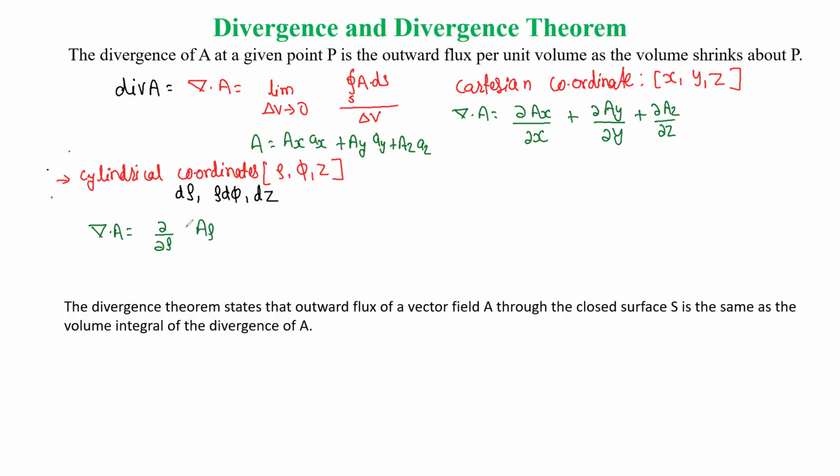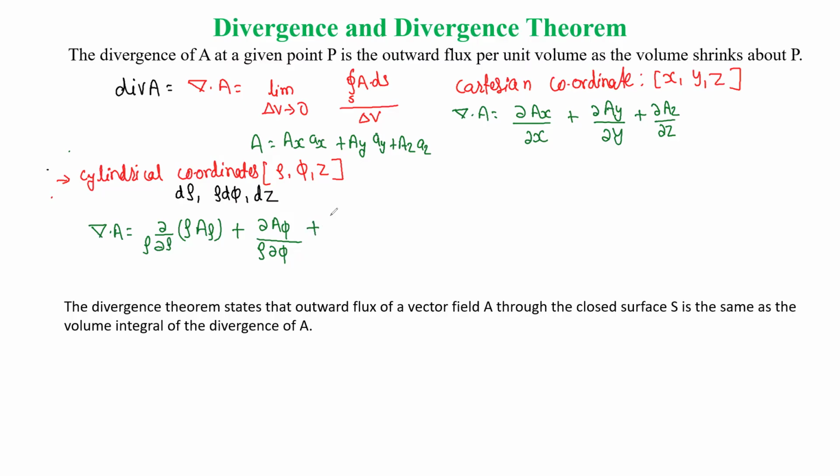Now one small change here: it is multiplied and divided by rho, so that it will be balanced. Finally, the second component: dou by dou phi of the A phi component of A, and already we have rho d phi, so a similar thing is going to come here, rho d phi.